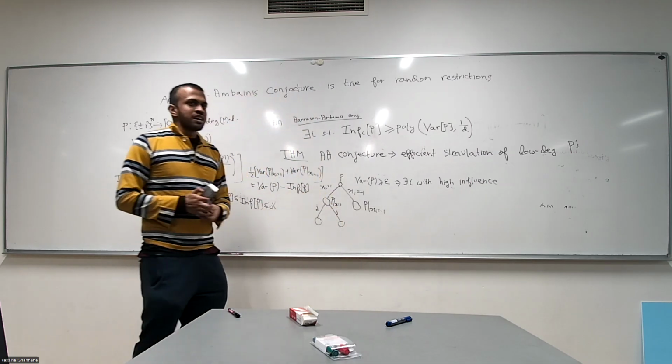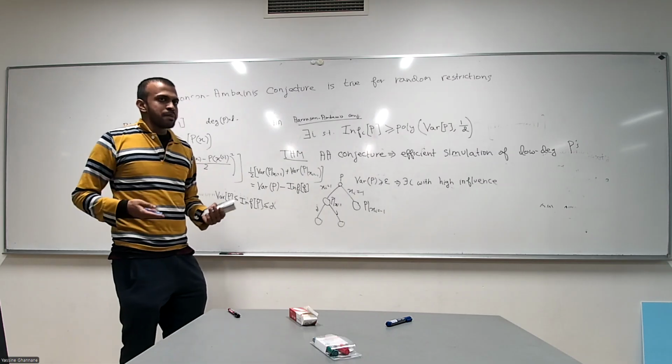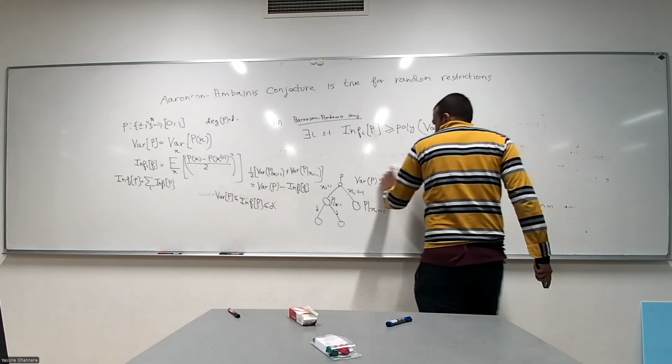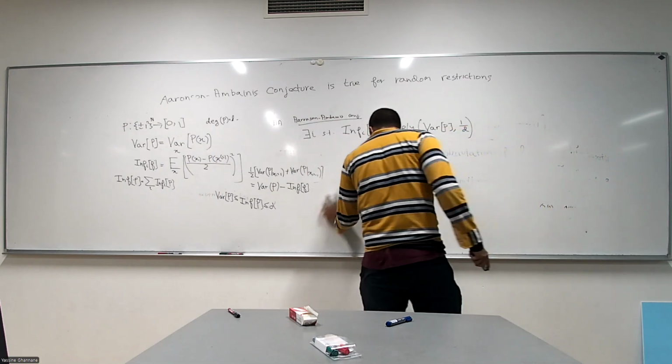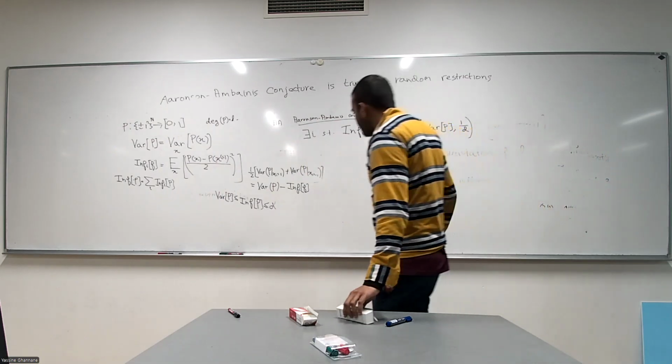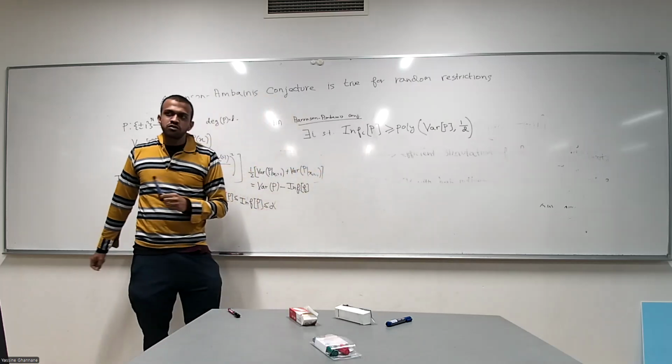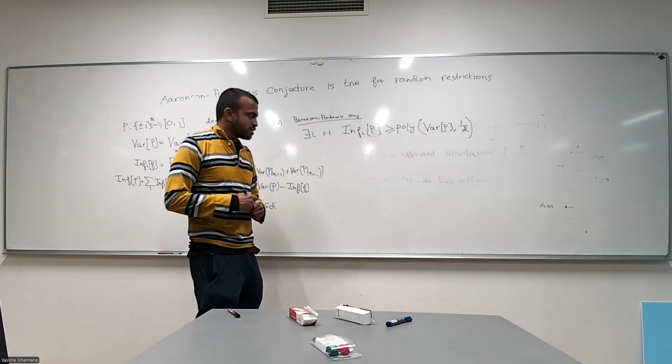The result we showed in that paper. Like the title suggests, we are able to show the Aaronson-Ambainis conjecture is true for random restrictions.